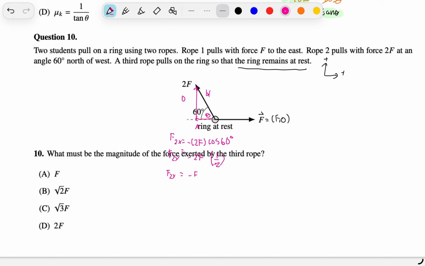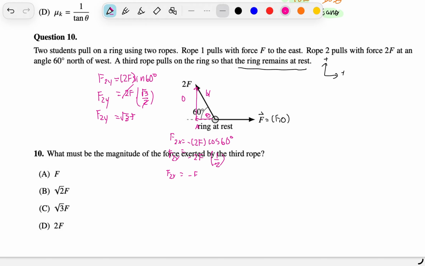Now, what about its vertical component? Well, upward we have F2y is equal to 2F sine of the angle 60 degrees. That was theta. So then you have 2F times the root of 3 over 2. And you can cancel out that 2. You have F times the root of 3, or root 3 times F. So that's F2y.